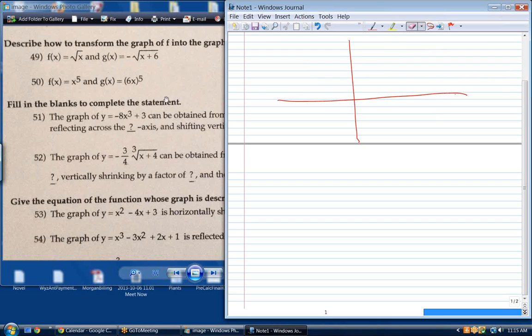Okay, so let's look at 49. Remember that that's f of x. So what do I do to get this? What's the consequence of that plus 6? Do you move left 6? Okay, so if I didn't have this negative sign, if I had just square root of x plus 6, it would look like this.